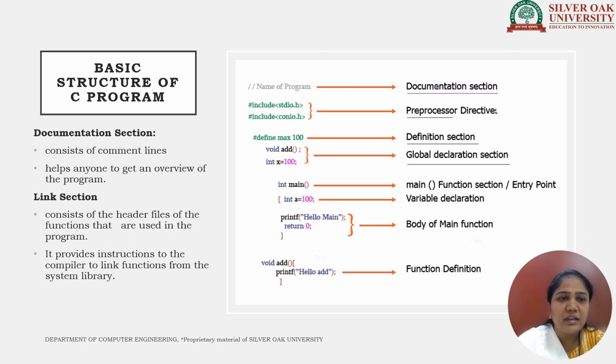Now there is the link section. The second portion, as you can see, is the link section. Now what do you mean by link? As you can see in the figure, #include stdio.h and #include conio.h are written. That #include is known as a preprocessor directive, and inside the angle brackets we have written stdio.h and conio.h.